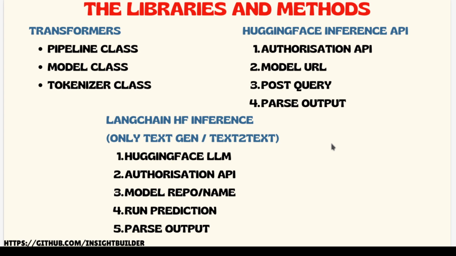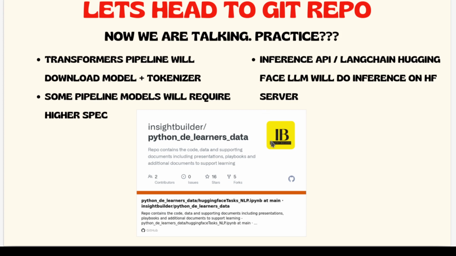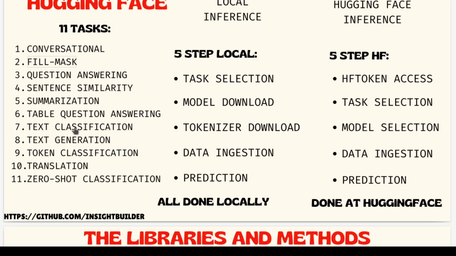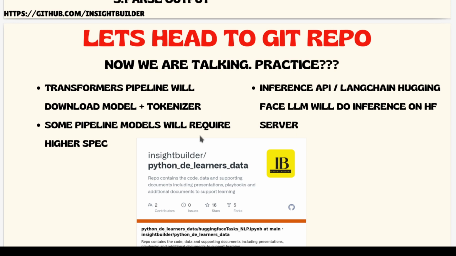You will see that in a couple of minutes when we go into the next step, where I show you the GitHub repo with the notebook. We'll be seeing how to do the implementation. So all we have seen right now is that we can do these tasks and the steps that are required for doing the task. Next, we'll be implementing it. When you implement it, you will understand that it looks simple.